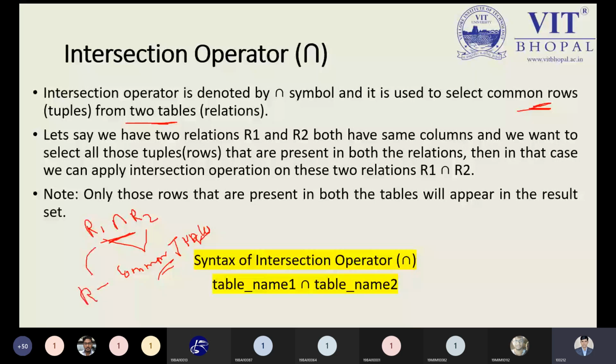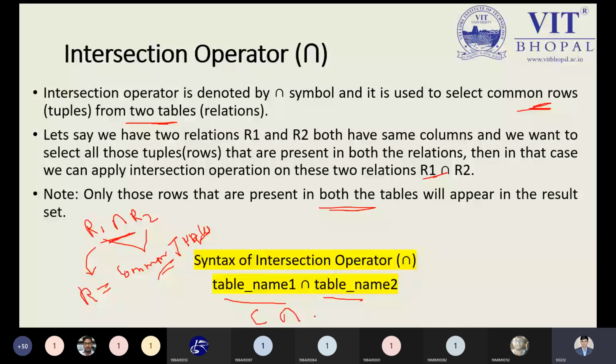So it is written over here. Keep in mind that only those rows that are present in both tables will appear in the result set. The syntax is table name 1, table name 2. Here we have course and student, so we can write it like this.